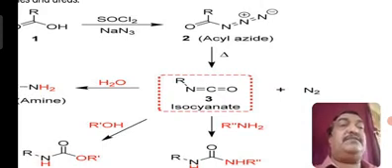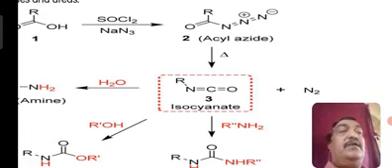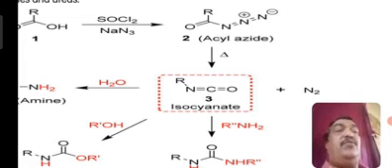This acyl azide on heating will get converted into RN double bond C double bond O, that is isocyanate, plus nitrogen. I will discuss the mechanism later on.